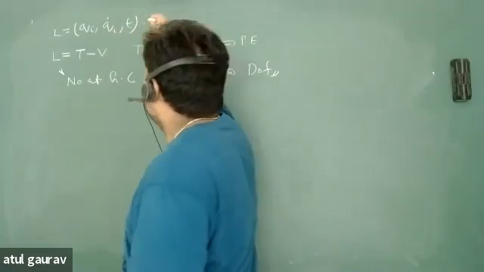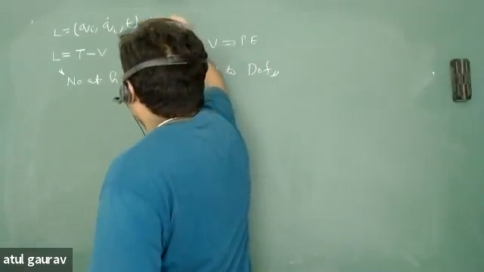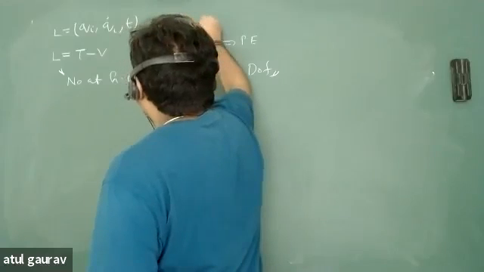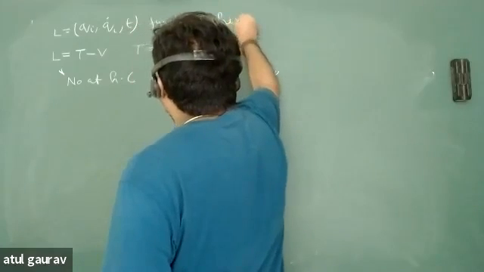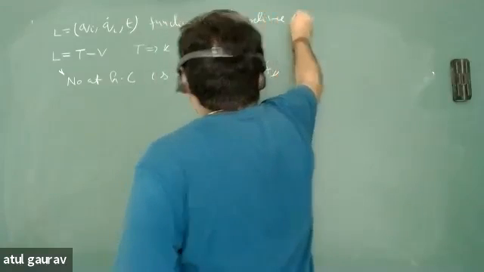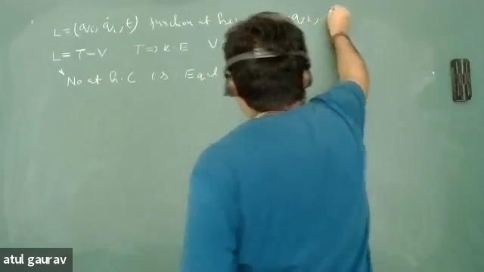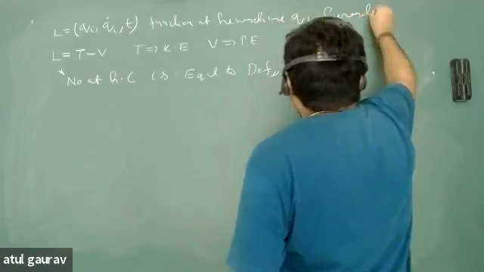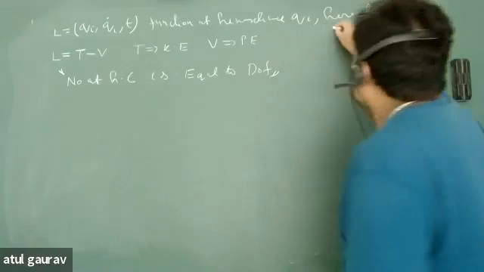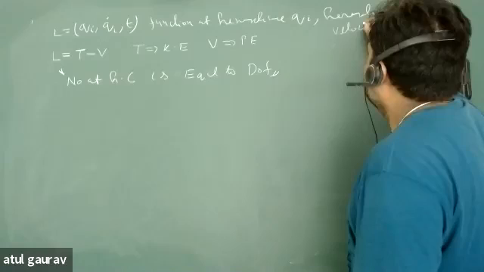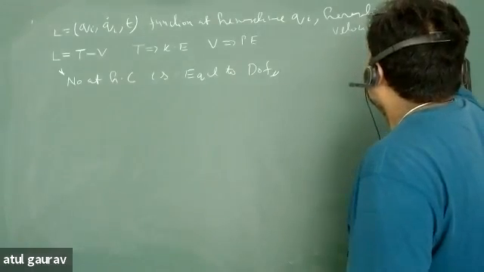This is a function of generalized coordinate qi and generalized velocity qi dot.